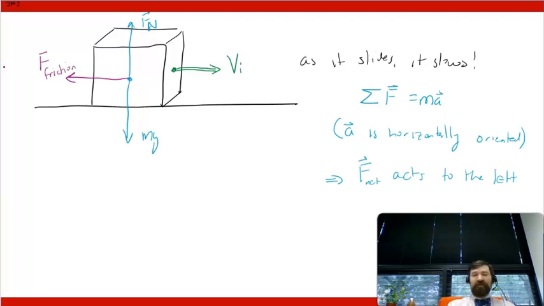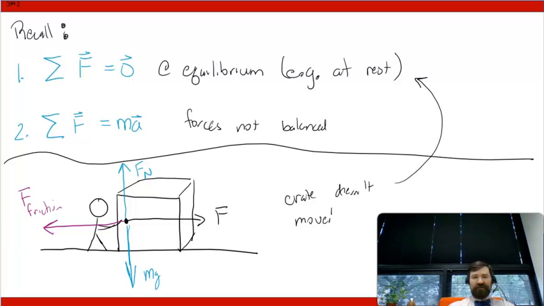Now there's a third thing that we can observe about this scenario versus this scenario. I've labeled the force in both cases friction, but I will find that if I push very, very hard on this, the object doesn't move, and if I push very weakly, the object doesn't move either. In other words, this force of friction in this case changes based on how hard I'm pushing on this object.